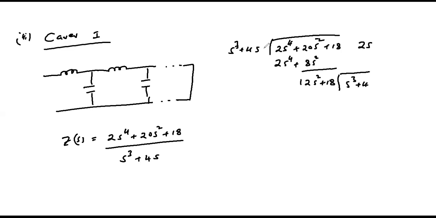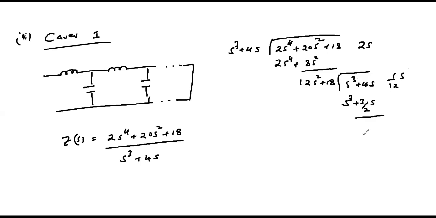So the term that we have here, we divide into the remainder. To get S cubed from 12S squared, we need 1 over 12S, from which we can get S cubed plus 18 over 12, which is the same as 3 over 2S.